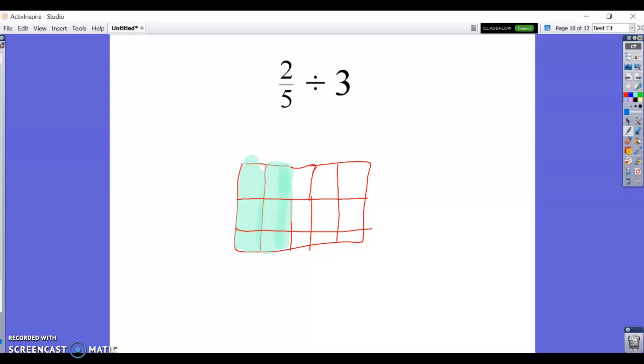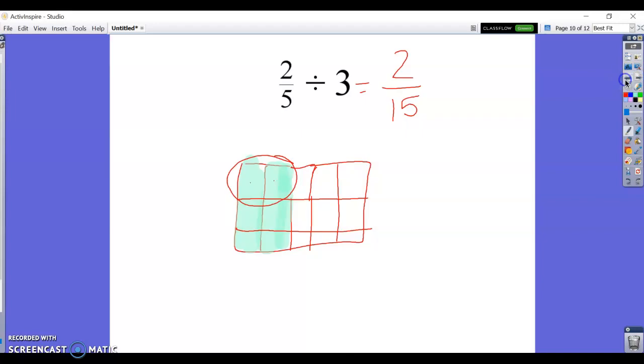So now I have how many total pieces of my pan? 1, 2, 3, 4, 5. If this is a row of 5, then this will be 10 and then 15. So my denominator is going to be 15. And one of those pieces has 2 parts. So my numerator is going to be 2.